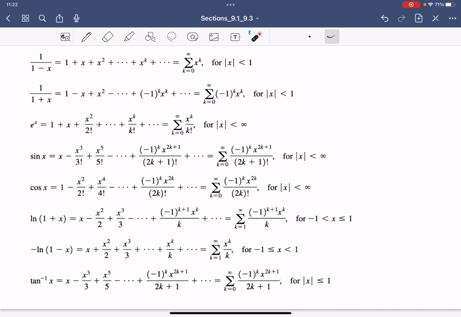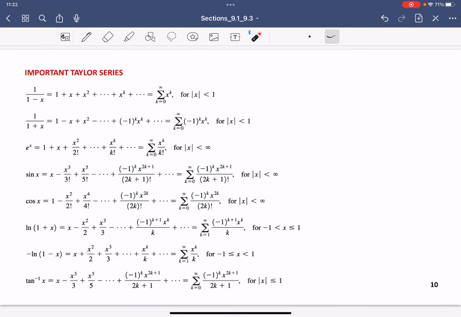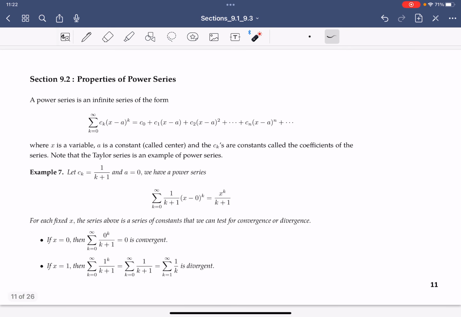This is the important Taylor series that we're going to carry over to next week, when we do power series. Next week, Monday and Wednesday, we're going to learn how to find the radius of convergence and interval of convergence, and also how to tie it up with the Taylor series.